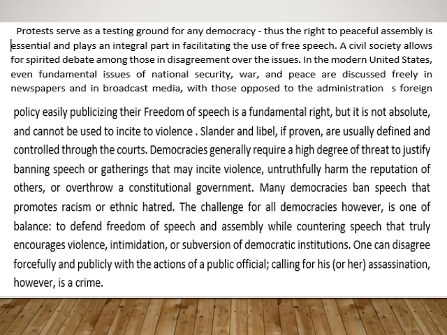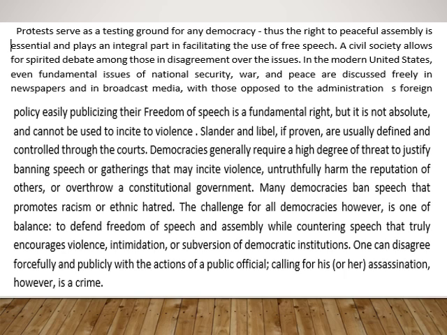Thus, the right to peaceful assembly is essential and plays an integral part in facilitating the use of free speech. So it is not only the right to speak; it is also about protecting your right of political participation against any policies or agenda that the government will implement on a certain day.